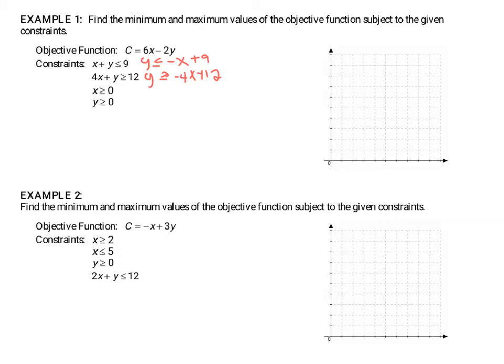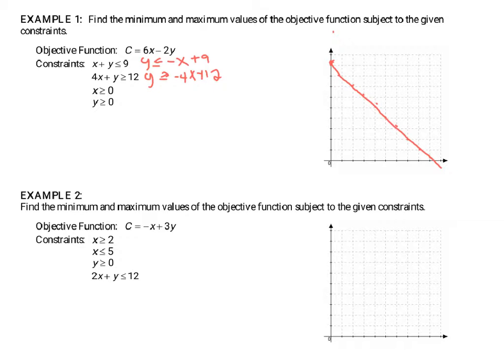So if I look at the first one, I'm going to start at a positive 9. And I'm going to go down 1 over 1. These lines are going to form the line on my graph. Then I'm going to look at the second equation, which has me start up at 12.